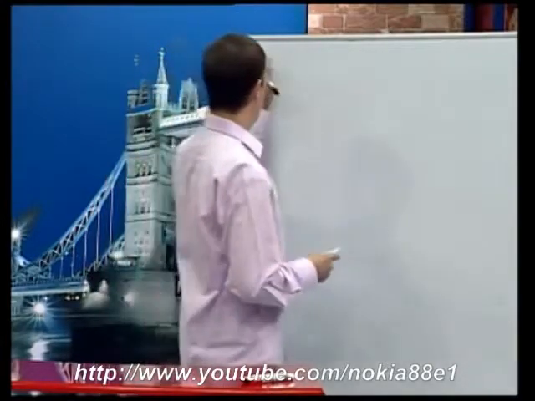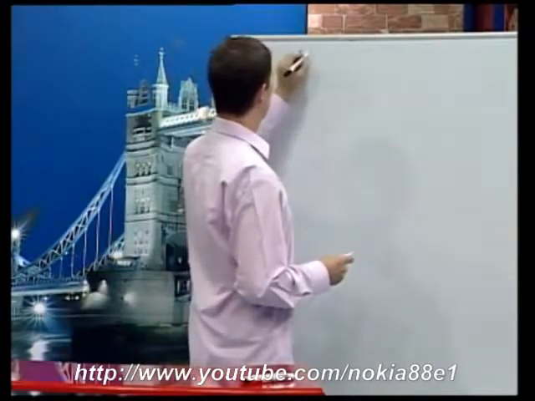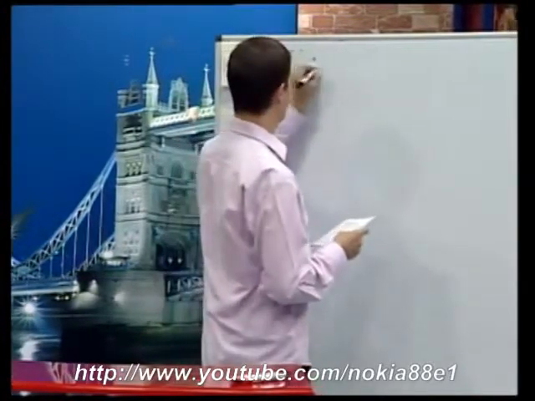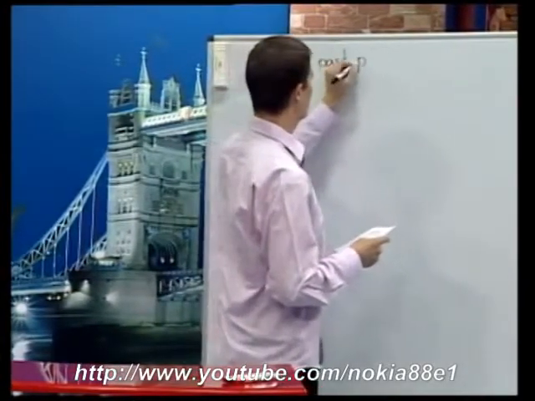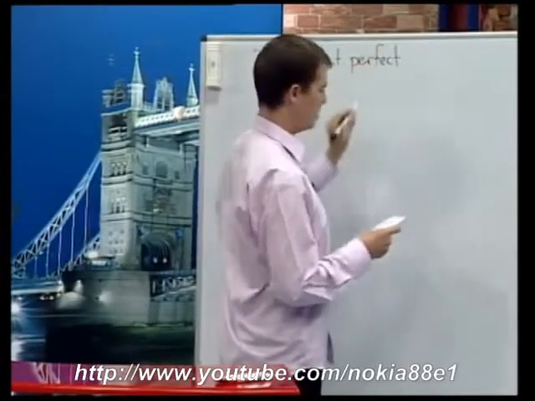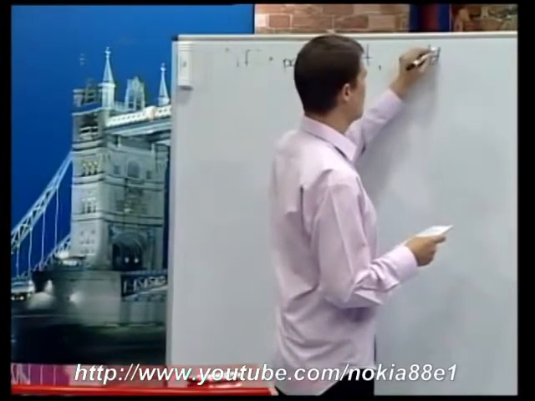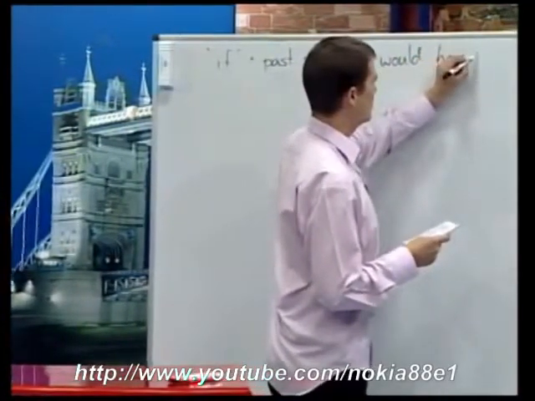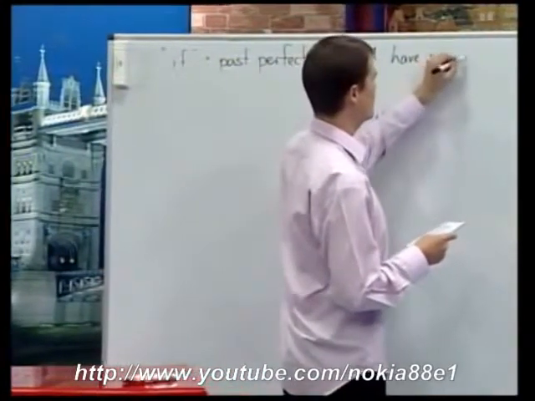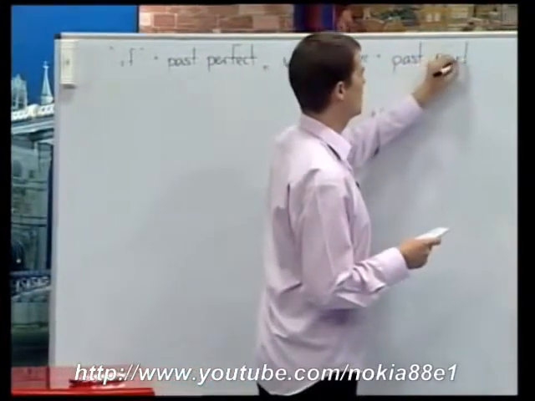Well, the third conditional can be used to describe ideas about past situations or events that did not happen. The past perfect tense is used in the if clause. So let's look at the formula. We have: if plus past perfect, comma, would have plus past participle.